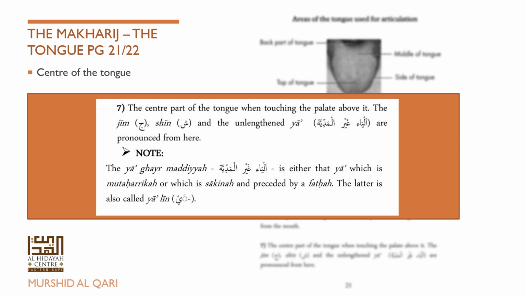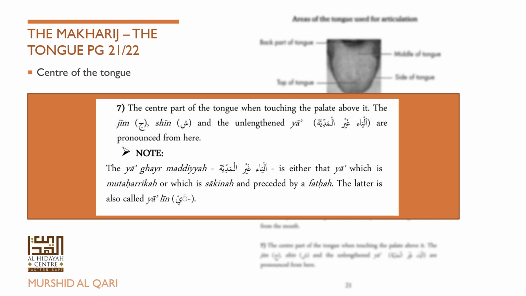If I say ay, so that sound or that ya, the makharij of it is this center part of the tongue. So we take jim and sheen, ya ghayr maddiyah, and ya leen. All of them come from the center part.